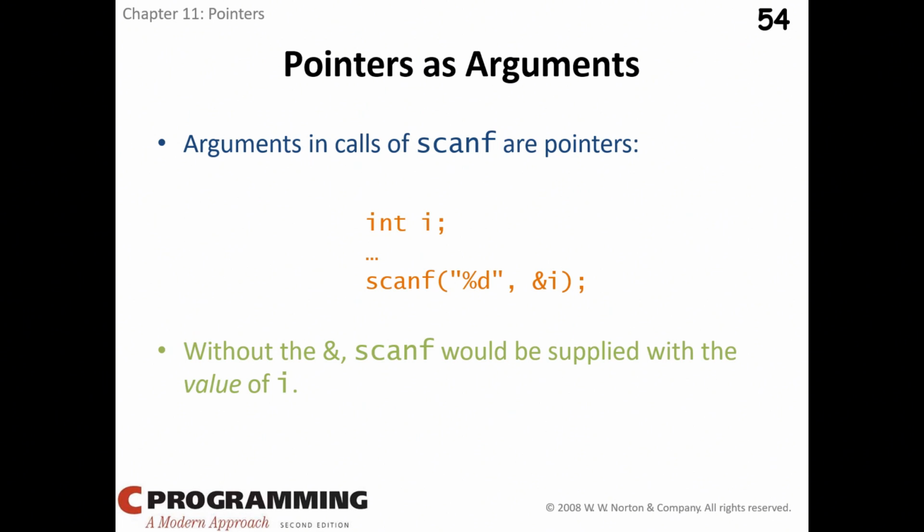This is crucial because scanf requires the address of the variable where it should store the value entered by the user. Without the ampersand operator, scanf would receive the value of i itself, which would not allow it to store the user input in the correct memory location.